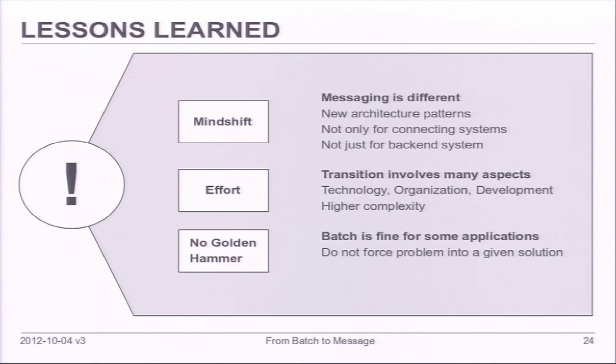As we showed on one of the first slides, you can integrate a messaging architecture easily with batch jobs as well, and you should not apply the golden hammer anti-pattern. So now messaging is wonderful, you love it, and you try to force everything into that. That's not how things work. So keep in mind that there are some problems which should not be converted to message-oriented architectures as well.